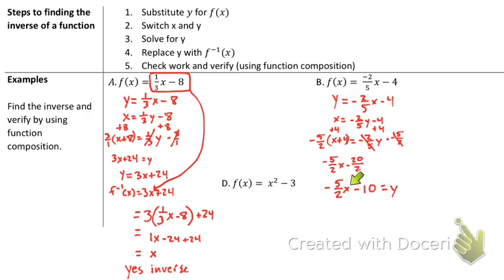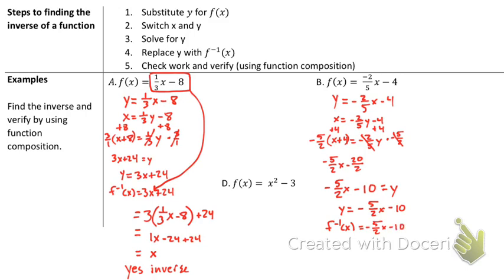This is no math, we're just rewriting one side on the other. So it's really going to be y equals -5/2 x minus 10. And then we turn y into function notation. So it's f of -1 of x equals -5/2 x minus 10.